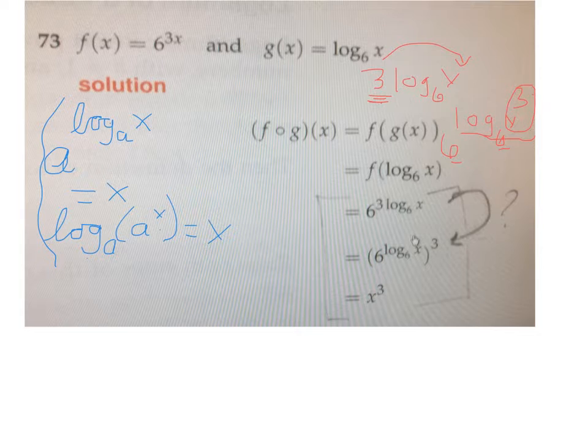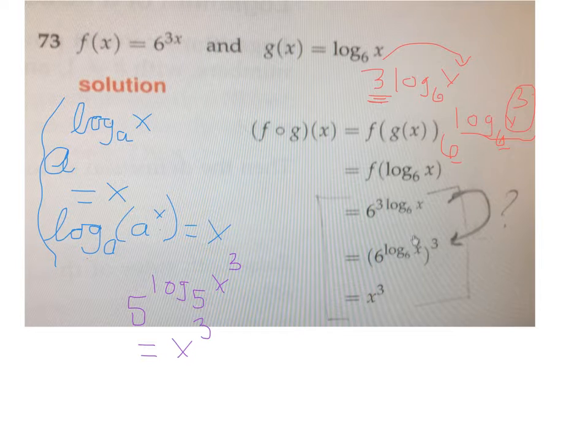Another example might help. Let's say I gave you 5 to the log base 5 of x cubed. Then the exponential and the log cancel each other out, and the only thing that you end up with is just x cubed as your answer.